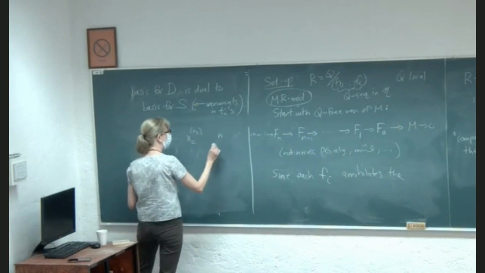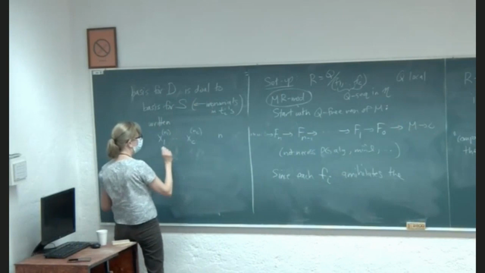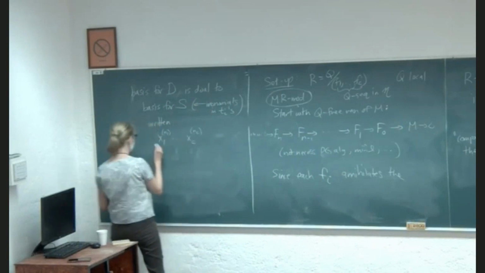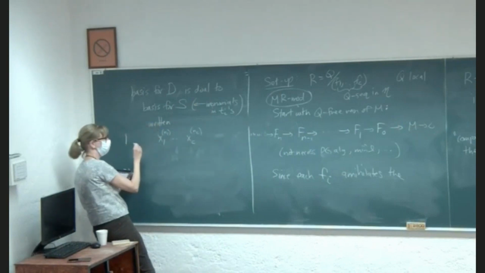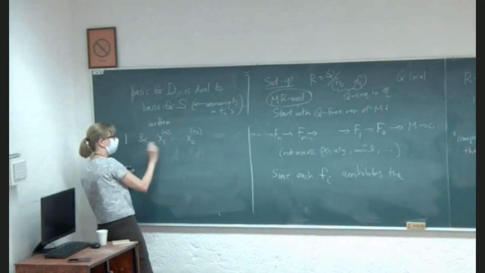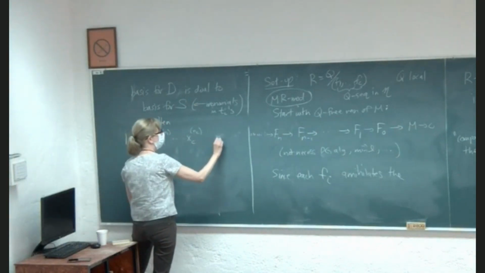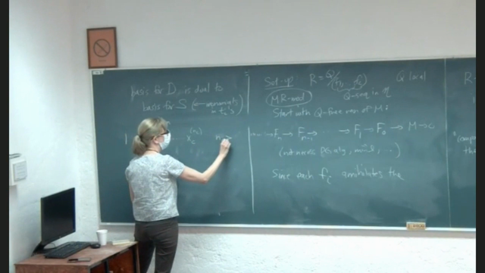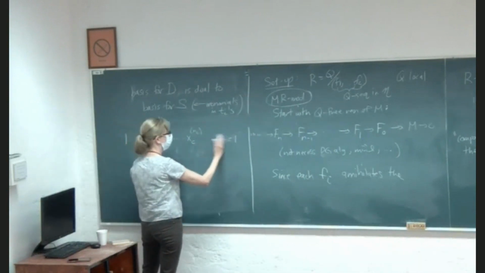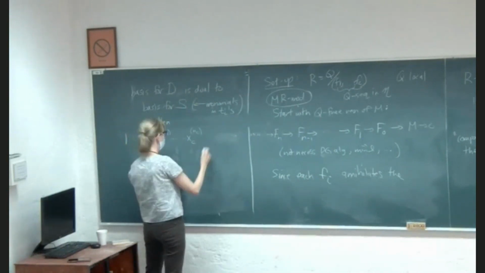And wait, you also need the empty monomial 1. So 1 and these guys with not all n_i equal to 0.